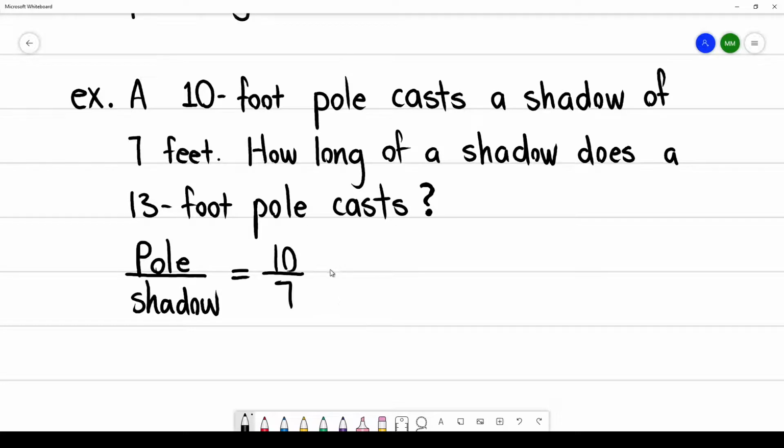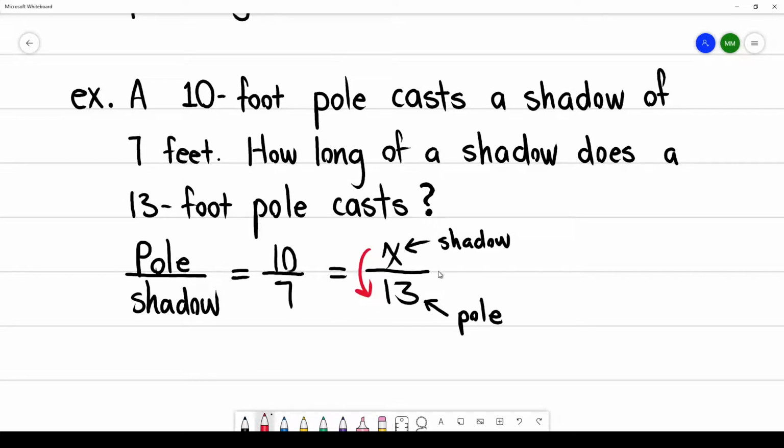But then when you write x over 13, what happens? X is supposed to indicate the shadow, but now you put it at the top where the pole is, and 13 is the pole. So these two, you have to switch around. Do you see what I mean? Pole is on top and shadow is on the bottom.